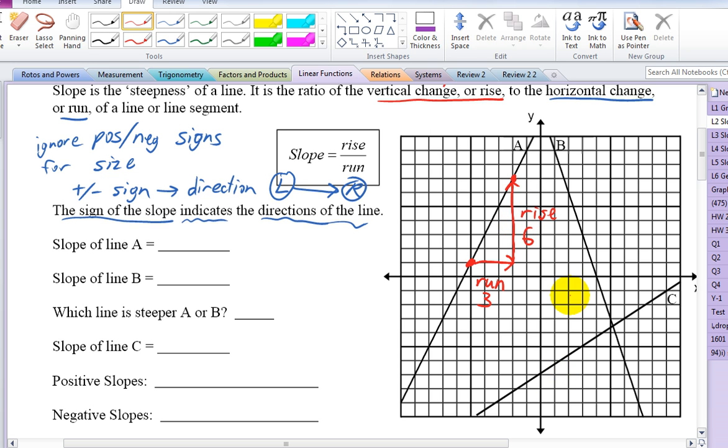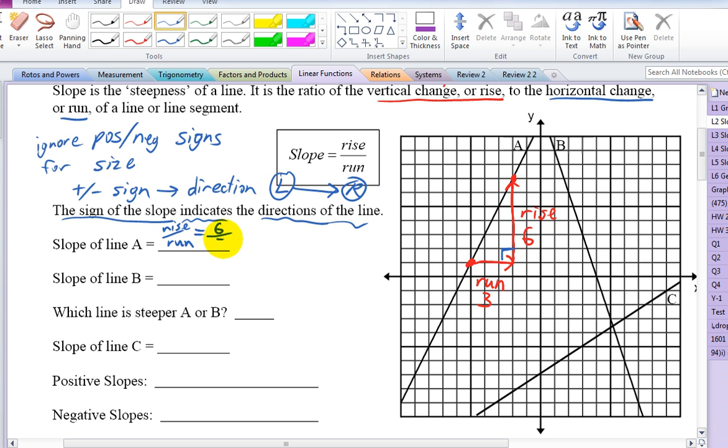Okay. So that's our run and our rise. Okay. What kind of shape did we just make? Not what kind of specific triangle? Right triangle. Okay, you should always make that when you're doing slope. So for your slope, we call it rise over run. And you should write that down 1,000 times so it's memorized. For our rise, it was 6.